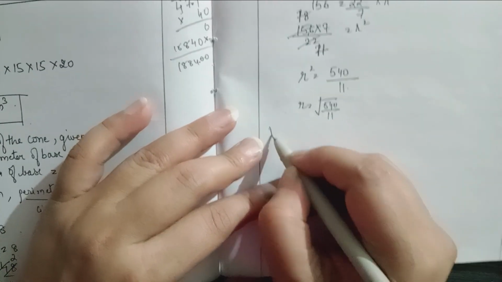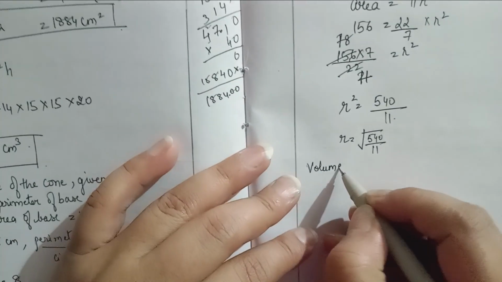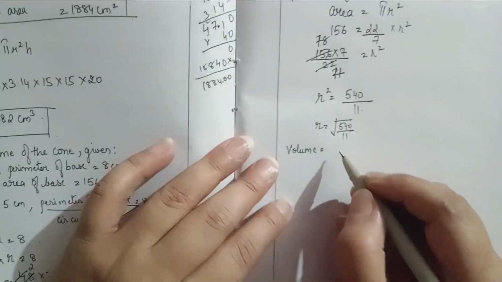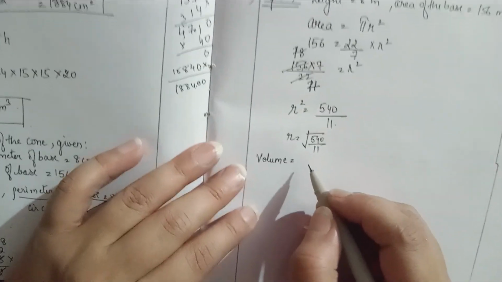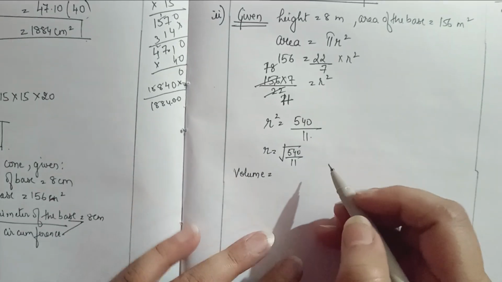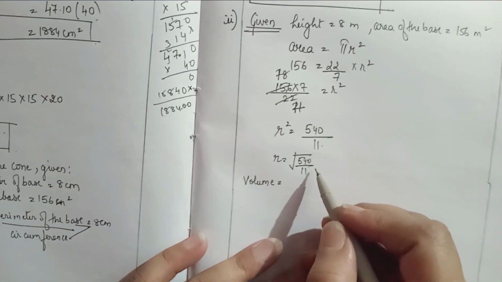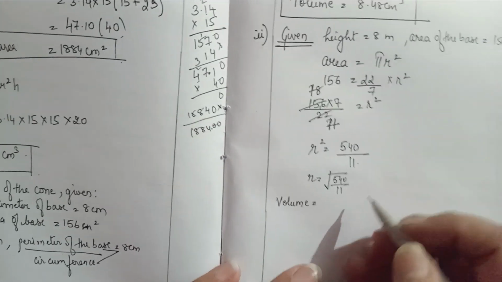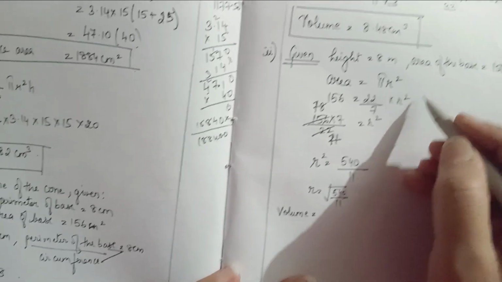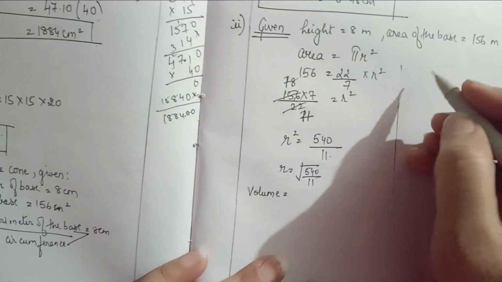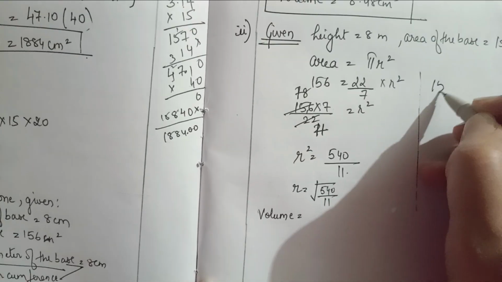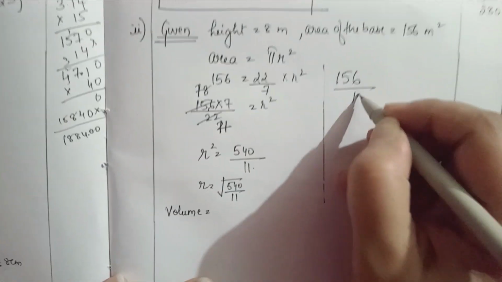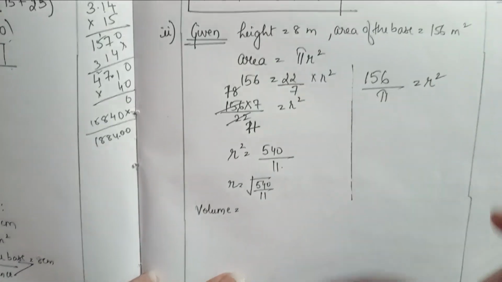Now coming on to the volume. We could leave r as 540/11 under root, but to make it even easier, I feel we can just keep it 156/pi is equal to r square.